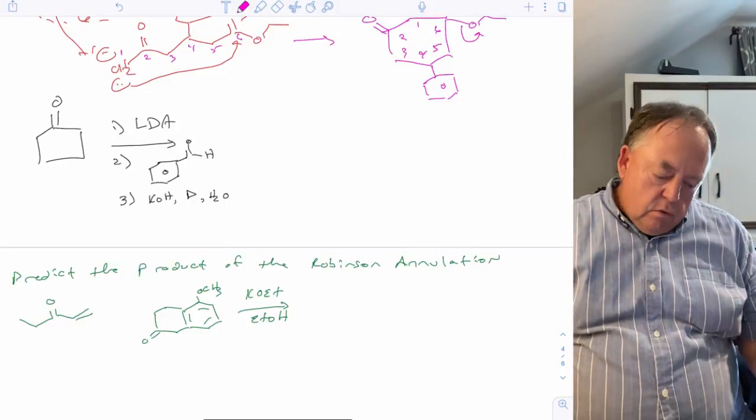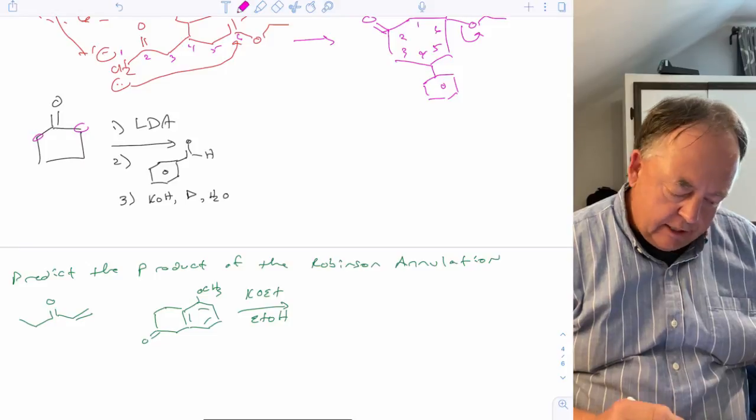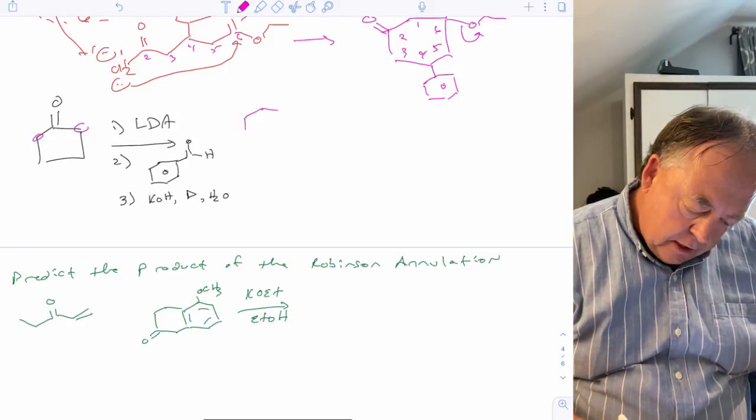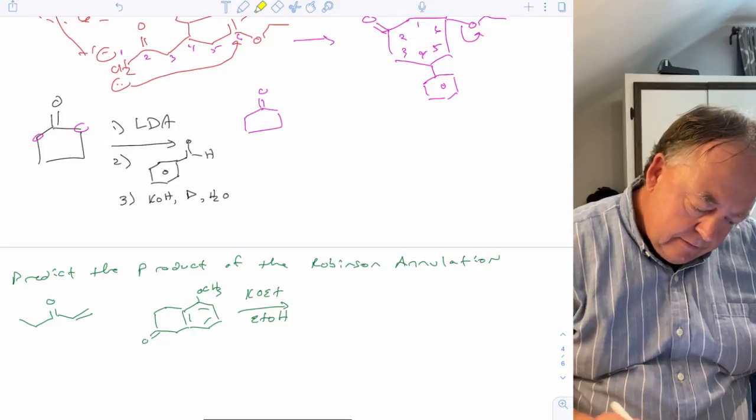Okay, and this one, LDA is a strong base, so that means you're going to make an enolate, right? Both sides are equivalent, so it doesn't matter where. So LDA will take off a proton and make an enolate here.